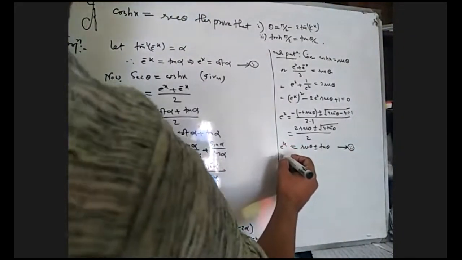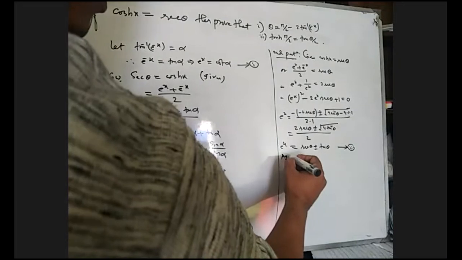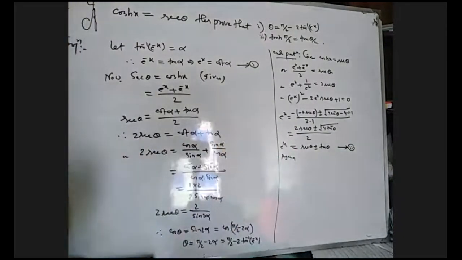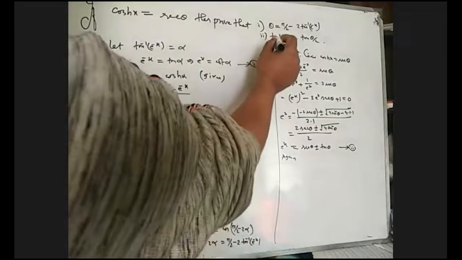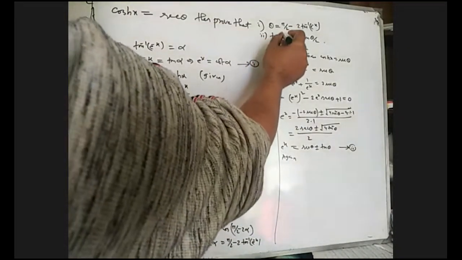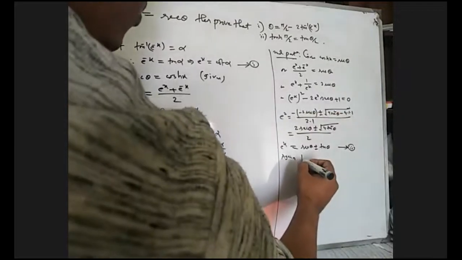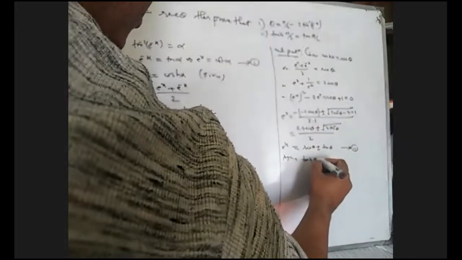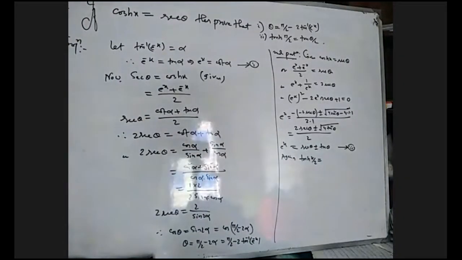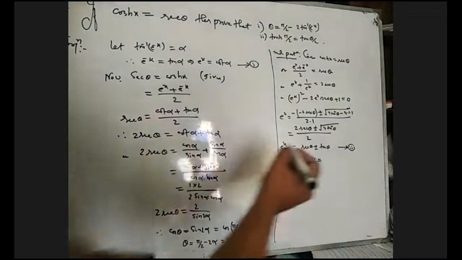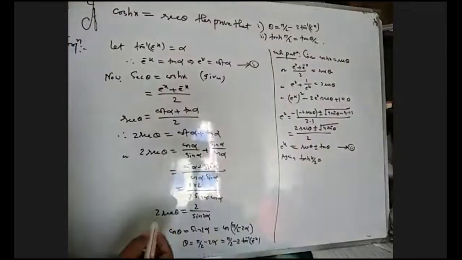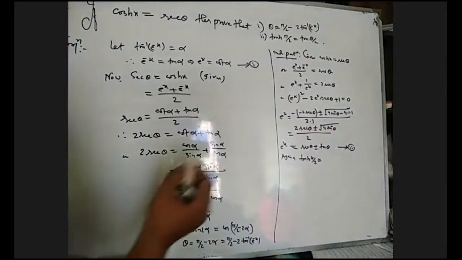Now again, we know another formula, tan hyperbolic x by 2, because in the second condition it is a hyperbolic function. So tan hyperbolic x by 2 equals, you must know the hyperbolic function formula.